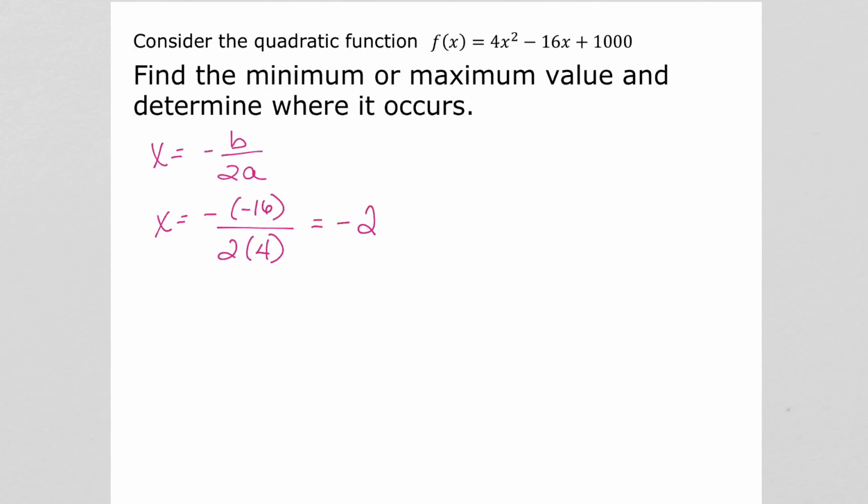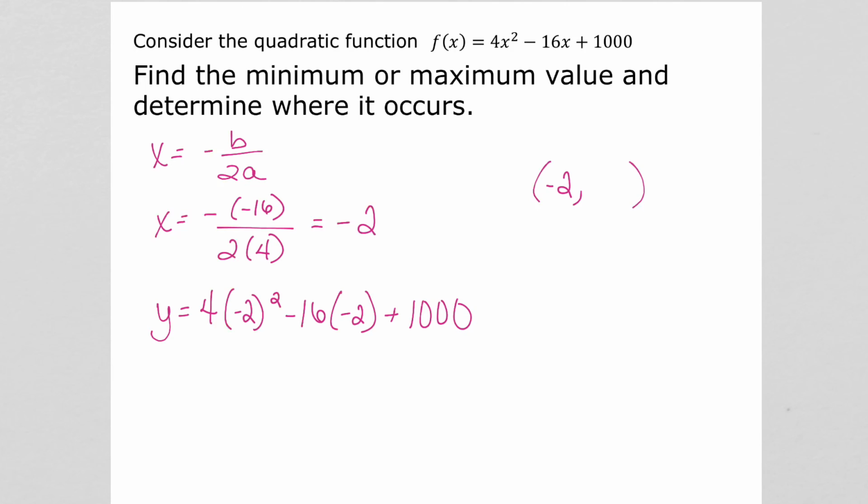So that's the x value of our minimum value. And now we need to find the y value. We do that just by plugging back into our original equation. So 4 times negative 2 squared minus 16 times negative 2 plus 1,000. You could put that in your calculator. You get 1,048. So the minimum value is negative 2, 1,048.